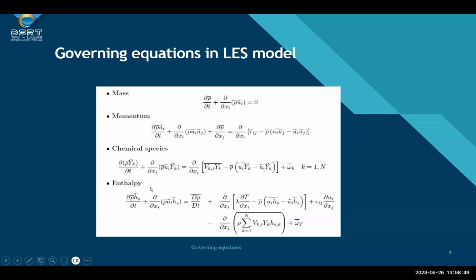The final equation is the energy balance, the conservation of energy, which means the input minus output increases the internal energy of our control volume. This is the equation we obtain from the conservation of mass. This is from the conservation of momentum or forces.